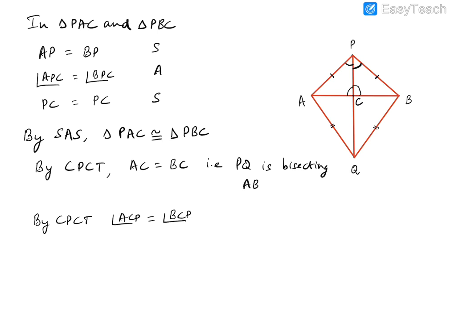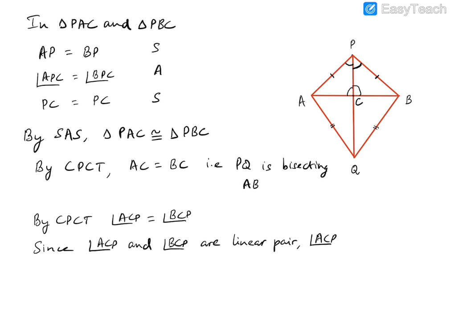So since angle ACP and angle BCP are a linear pair, what happens? Their sum must be equal to 180 degrees.